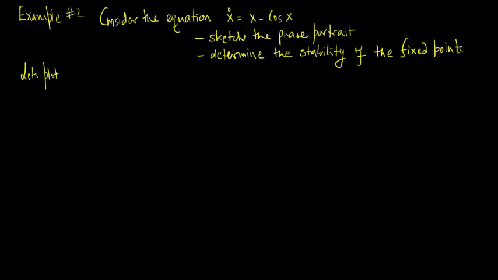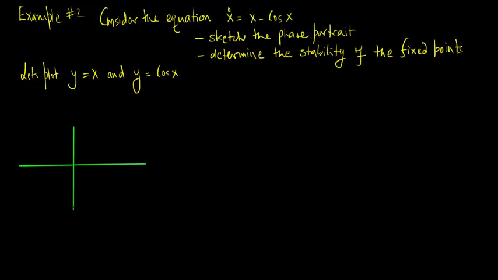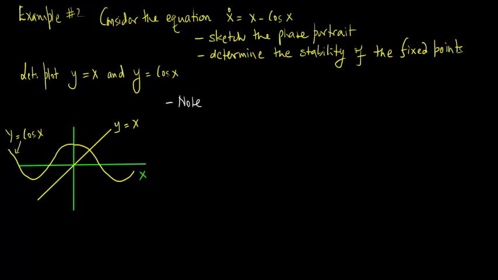Now let's plot y is equal to x and y is equal to cos x. That's a curve for y is equal to x, and that's a simple-minded curve for y is equal to cos x. Note that they intersect only at one point.